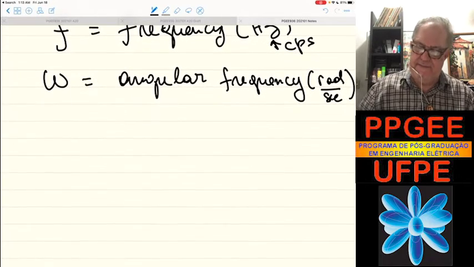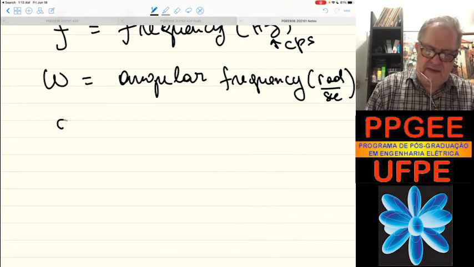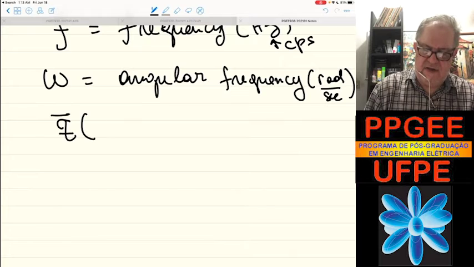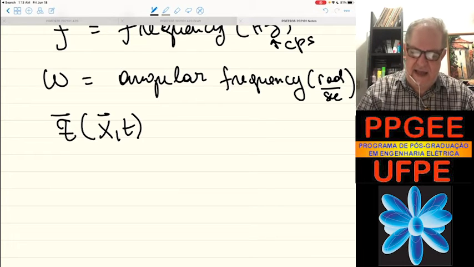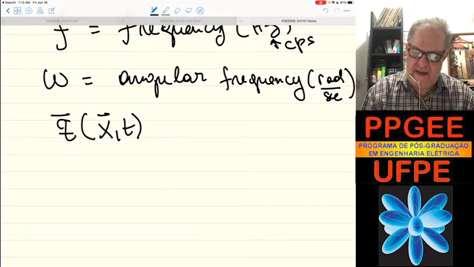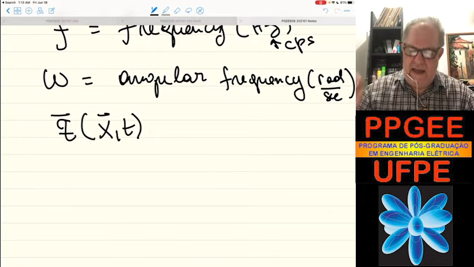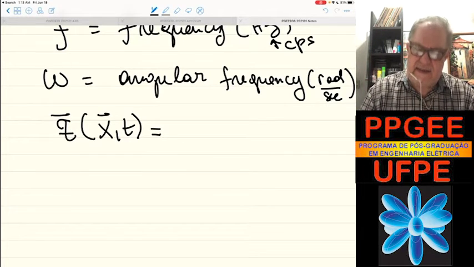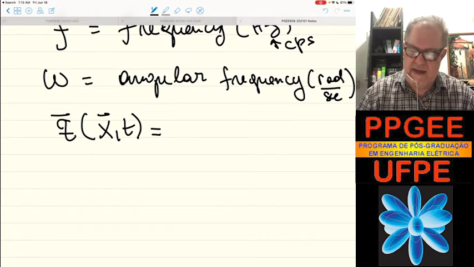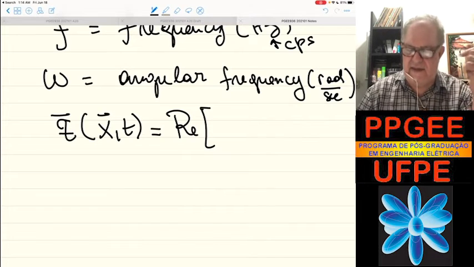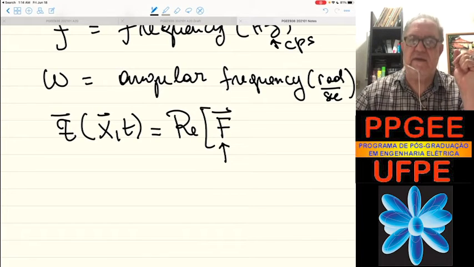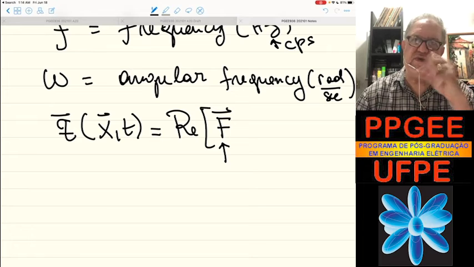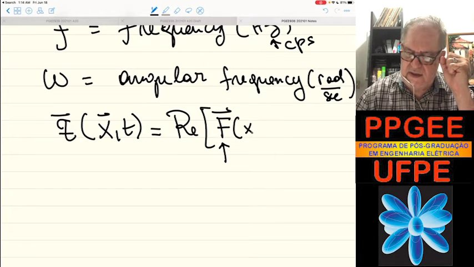What are we going to do? Our field quantities are functions of x and t, right? They generally have periodicity, and we can always write this using complex algebra, as the real part of something that is exclusively dependent on x, which we are going to call the block letter, we are going to use to represent something that depends only on the coordinates.